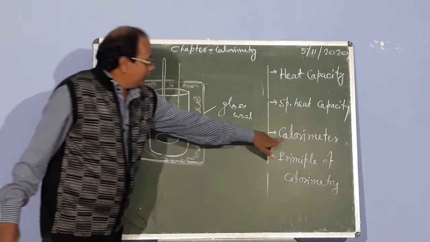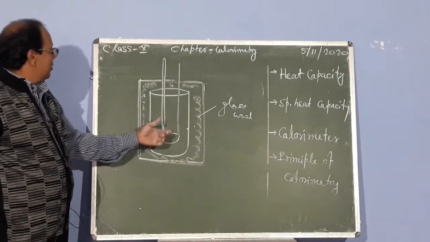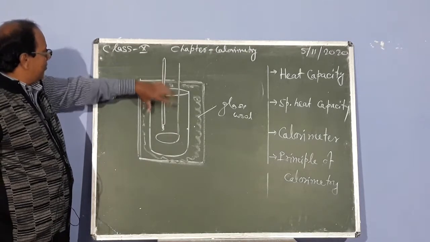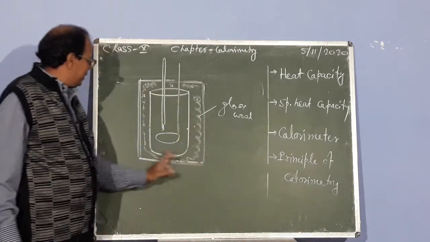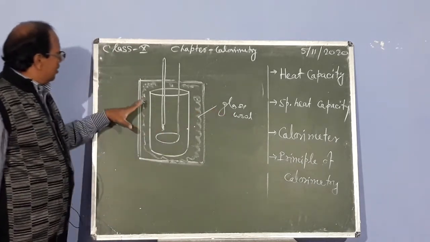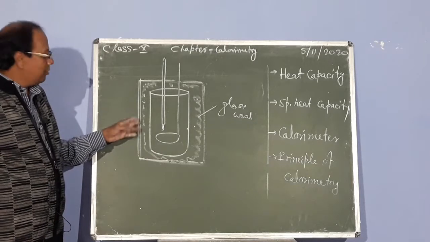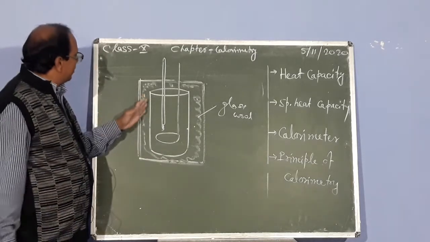A calorimeter is basically a copper vessel protected by a wooden jacket and covered with glass wool, so that there is no loss of heat energy by convection or radiation.